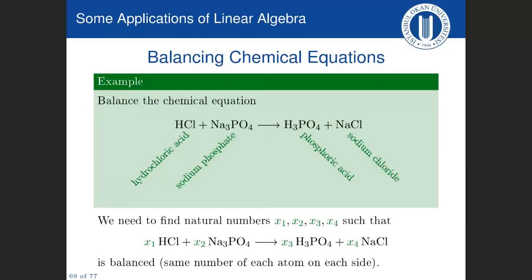So in particular, we need to find some natural numbers, x1, x2, x3, and x4, such that x1 multiplied by hydrochloric acid plus x2 multiplied by sodium phosphate gives us x3 multiplied by phosphoric acid plus x4 multiplied by sodium chloride. We need this to be balanced. In other words, we need to have the same number of atoms on each side of this equation.